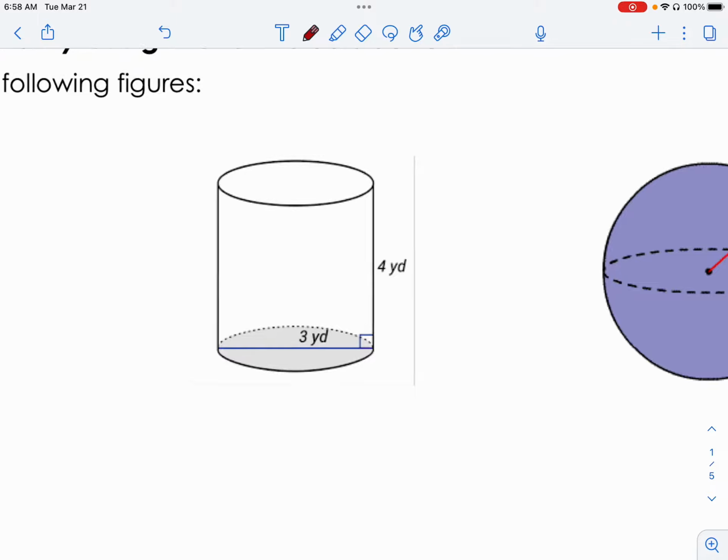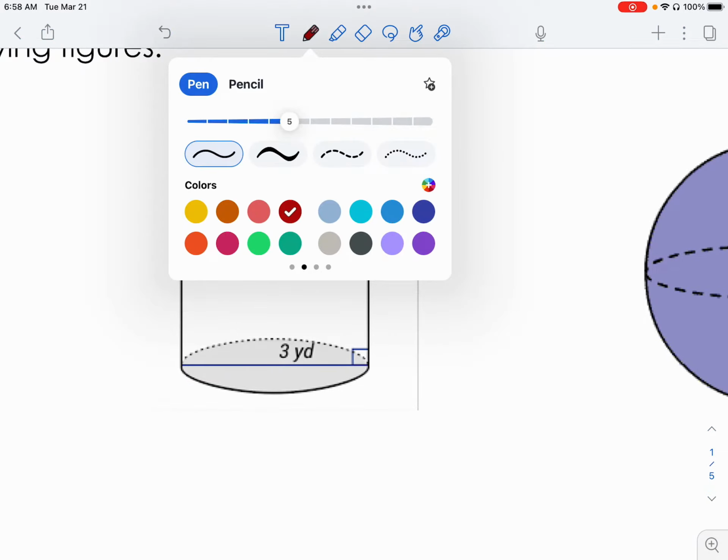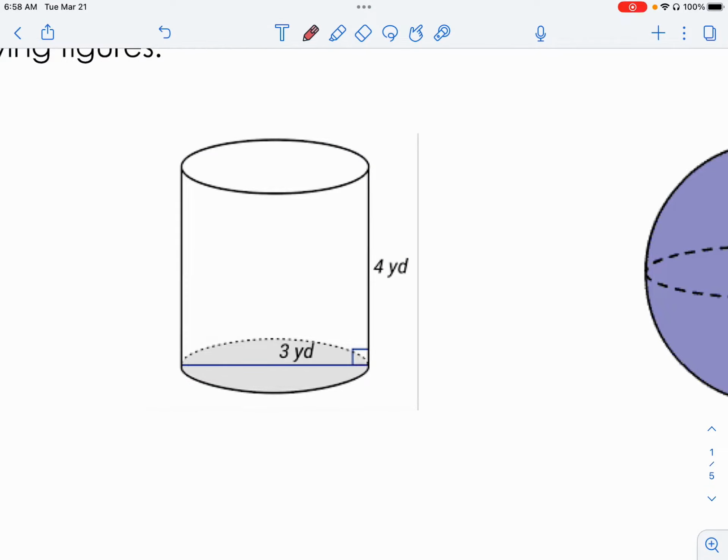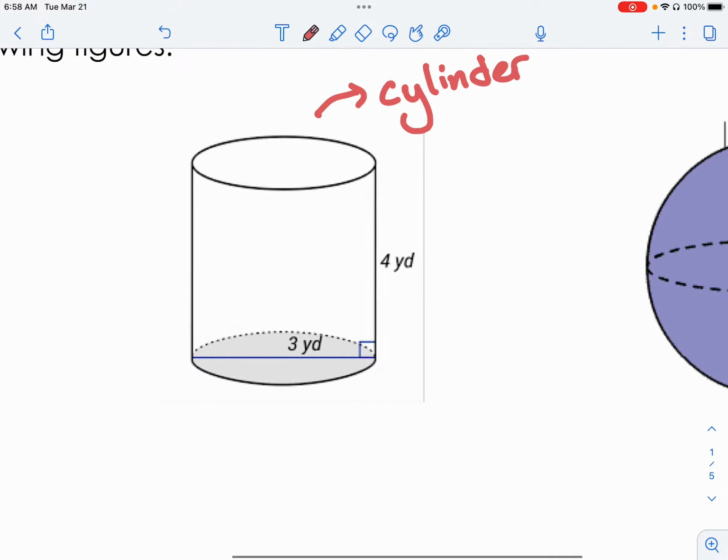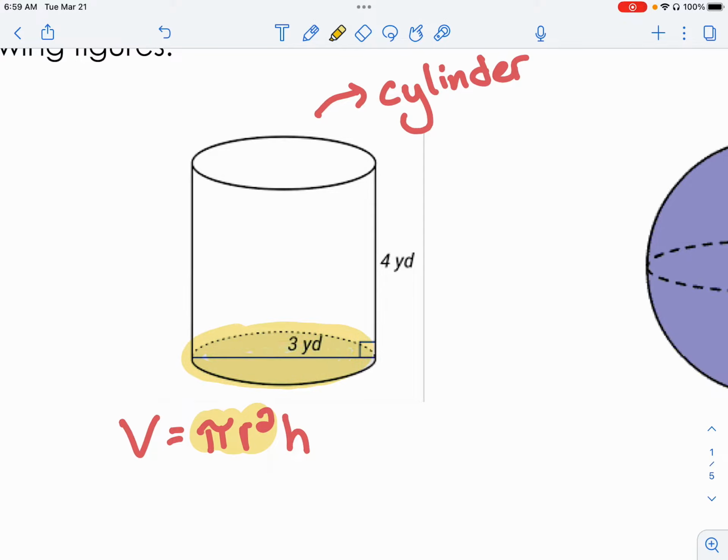Let's hop into our next shape. This shape is called a cylinder. And the equation for a cylinder would just be volume equals pi r squared times height. So once again, we're taking the area of this circle here, the base, and just multiplying it by the height.